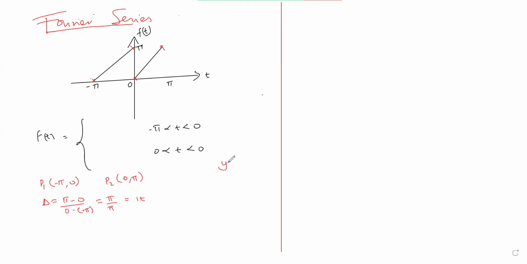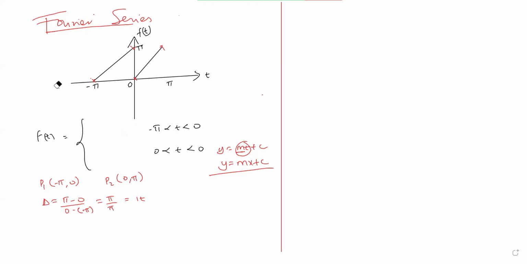Remember, these are straight lines, and since our variable is t, the equation of a straight line y = mx + c becomes mt + c. So our m is what we have gotten here, which is 1. Let me write it correctly.